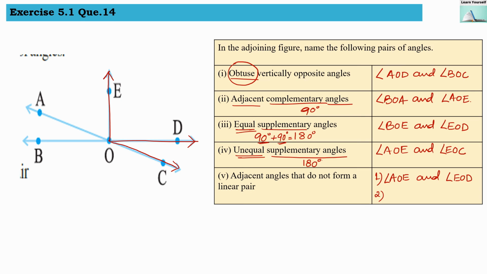The second pair is this, angle EOD, first angle, and second angle is this, angle DOC. They are adjacent as well as they are not forming a linear pair. The third pair of adjacent angles are angle EOA, this is the first angle, and the second angle is angle AOB. So these two are also adjacent angles, but they are also not forming a linear pair.